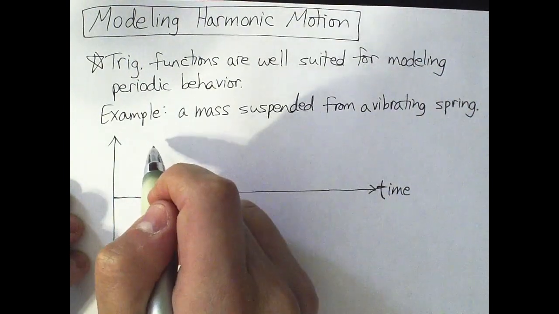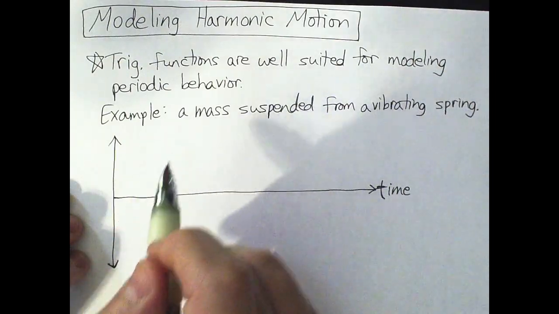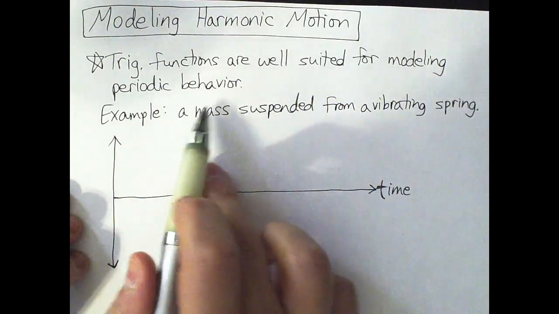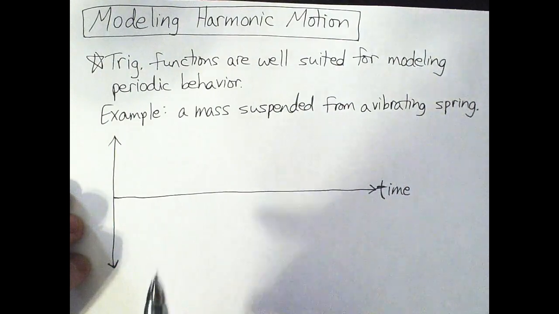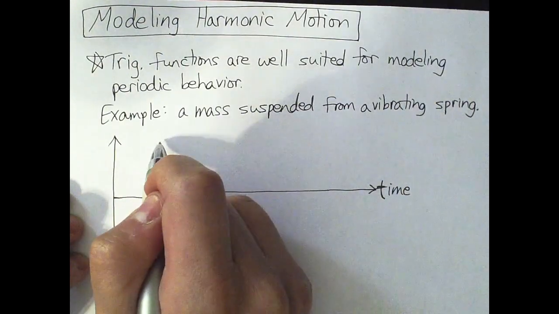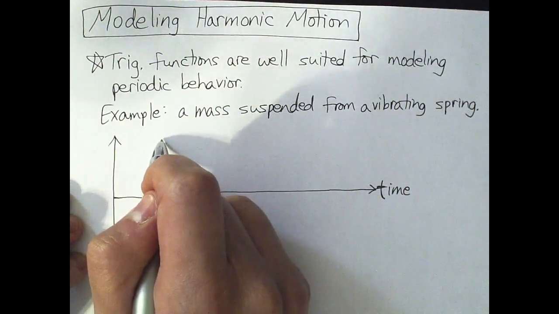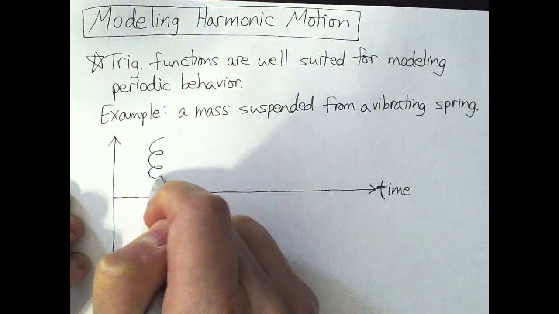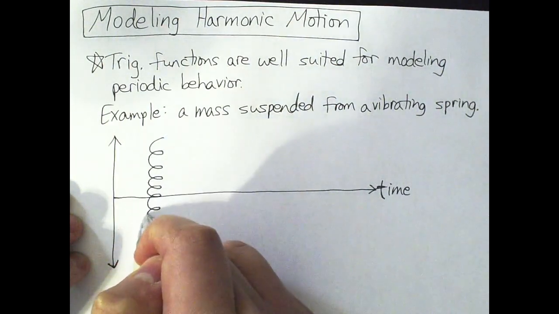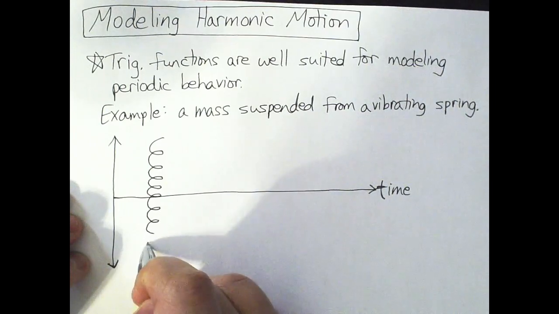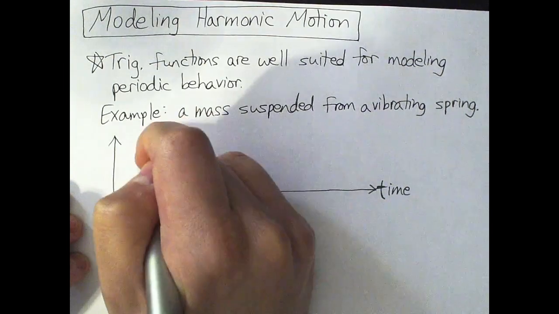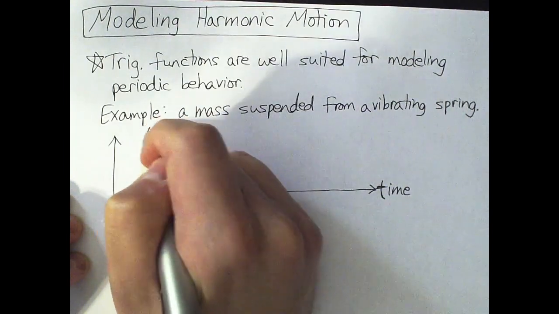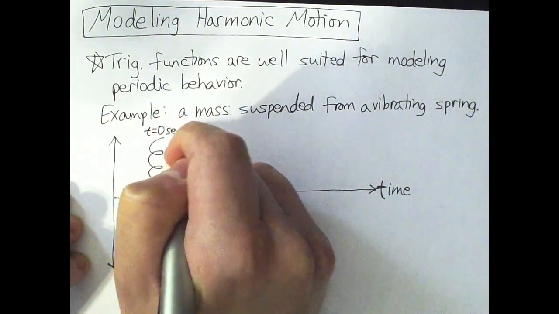So imagine the spring is hanging from the ceiling, and then there's some kind of mass, like some chunk of metal at the bottom of the spring. So it might go something like this. And I'm going to say this is happening at t equals 0 seconds.